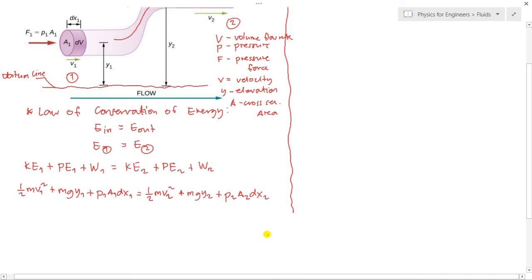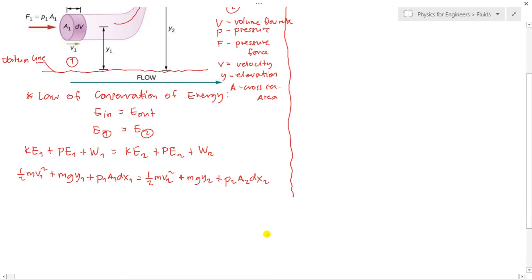Okay, but area 2 and displacement 2 can be combined, because area times displacement is equal to the volume, right?